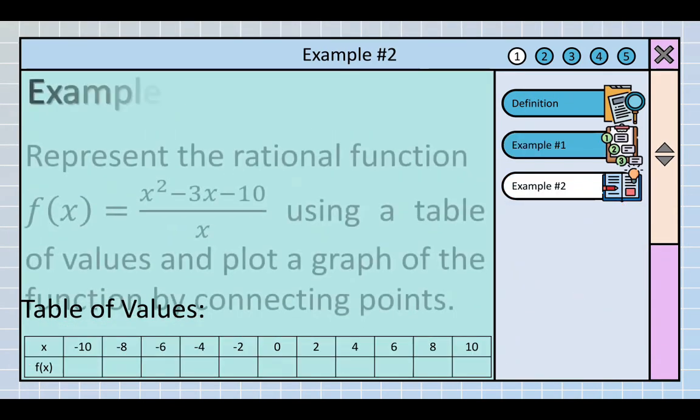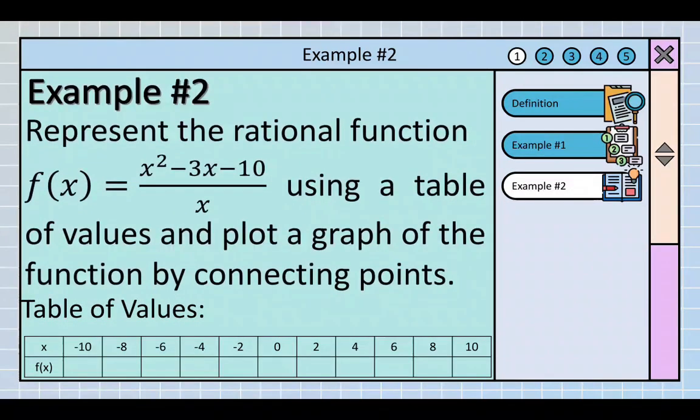Now let's have example number 2. Example number 2, we are to represent the rational function f of x equals x squared minus 3x minus 10 over x using a table of values and plot a graph of the function by connecting points.